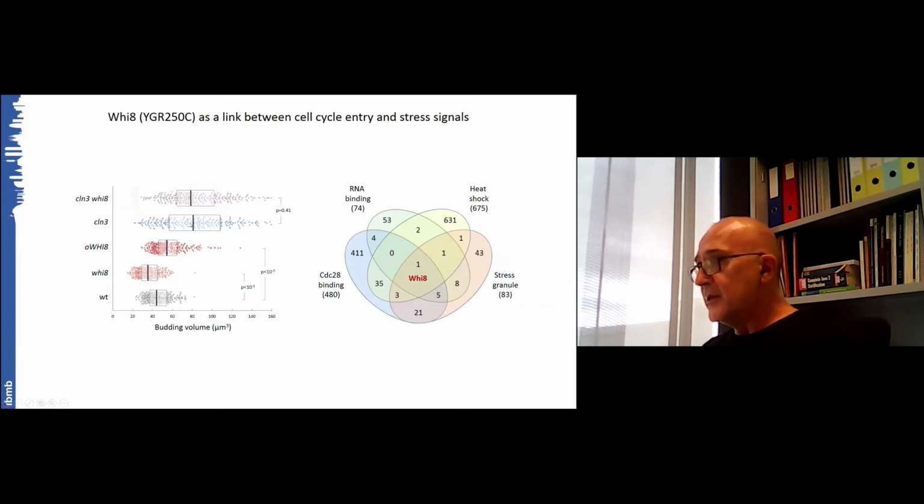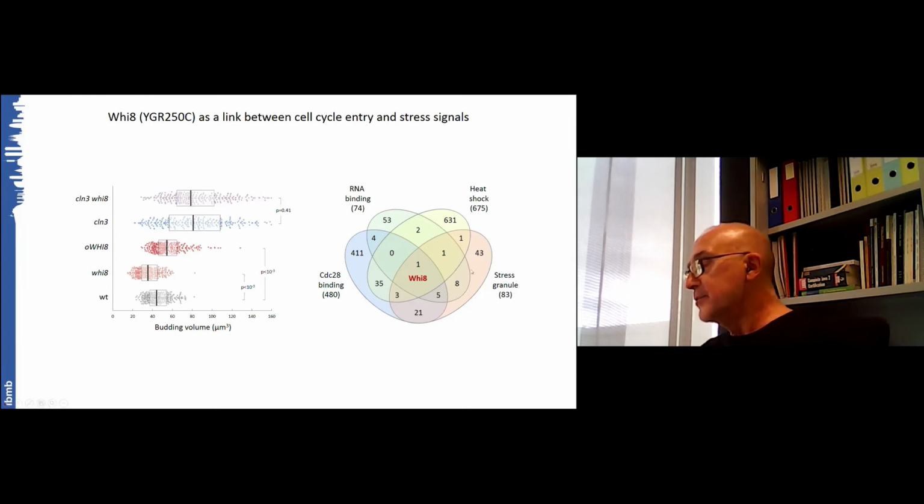As you can see here, if we get rid of CLIN3, the G1 cyclin, of course, it takes a lot of growth for the cells to be able to trigger Start, and they become very large. But in those cells, if we got rid of V8, we did not obtain a significant reduction in cell size. In other words, whatever V8 was doing in those cells required the presence of CLIN3, at least regarding these simple phenotypes.